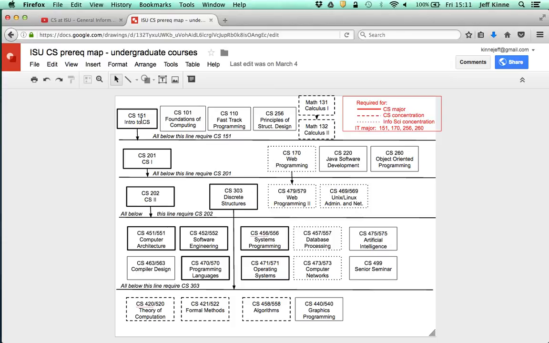If you've done 151, 201, 170, then these ones here are available to you. For Web Programming 2 and Unix, Linux Administration and Networking, we picked only 201 as a prereq because those are the ones most likely that IT majors are going to want to take. So these become available if you've taken CS 201.